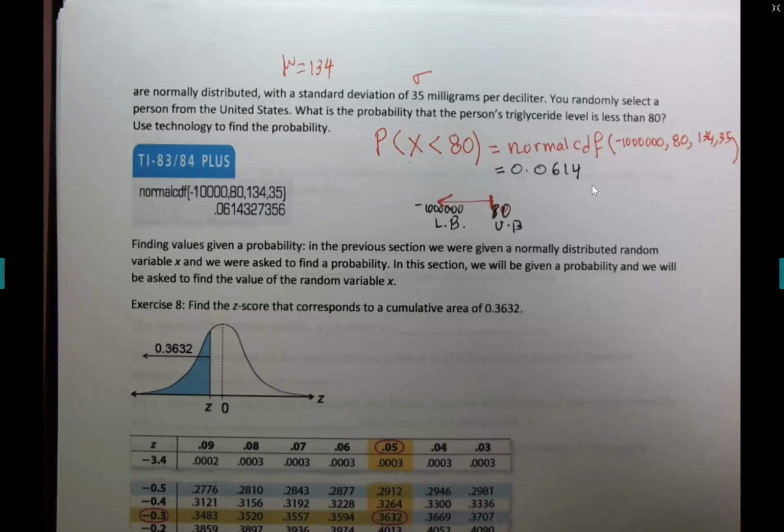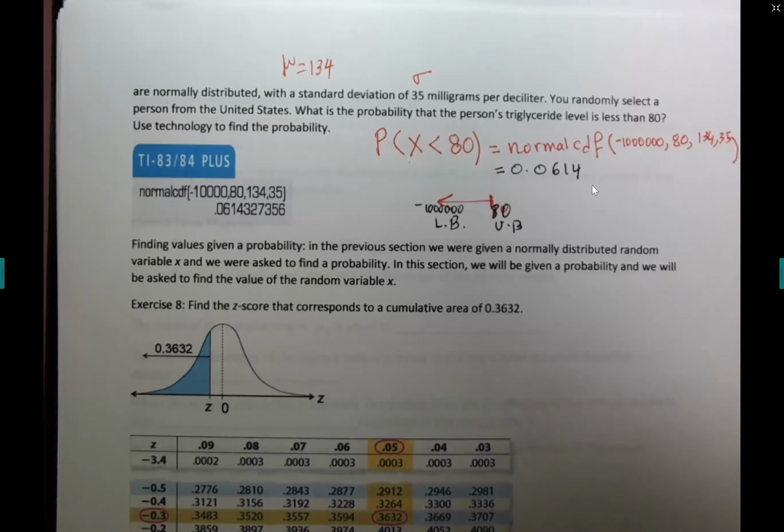Let me tell you why. Have you heard of any cases where someone has a triglyceride level in the negative? That's not possible. The lowest level of triglyceride a person can have is 0. So you can't go below 0. And I don't think there's even anyone who has 0 triglyceride fat in their bloodstream. It has to be a little bit something. That would be dangerous, not to have any of this at all. So 0 will be safe.